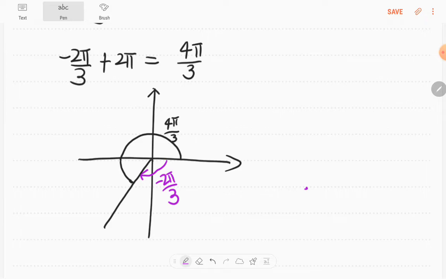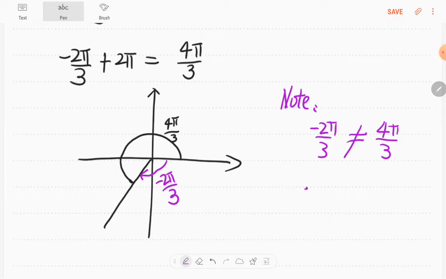Here is one thing you should be careful about. Although negative 2 pi over 3 and 4 pi over 3 are coterminal angles, which means they share the same initial side and the same terminal side, they are actually not the same angle.